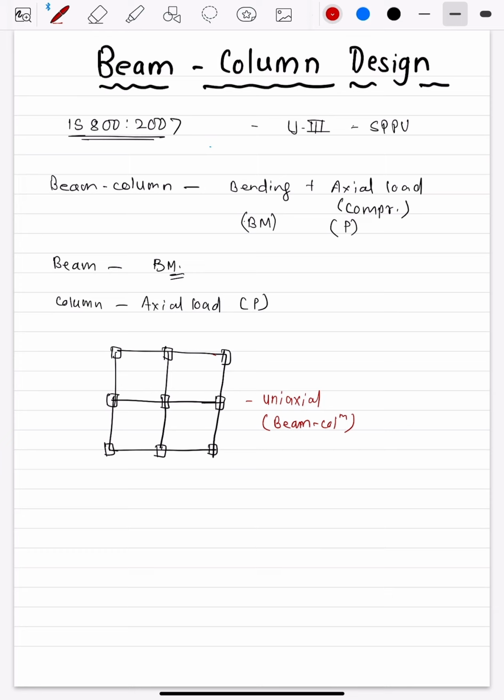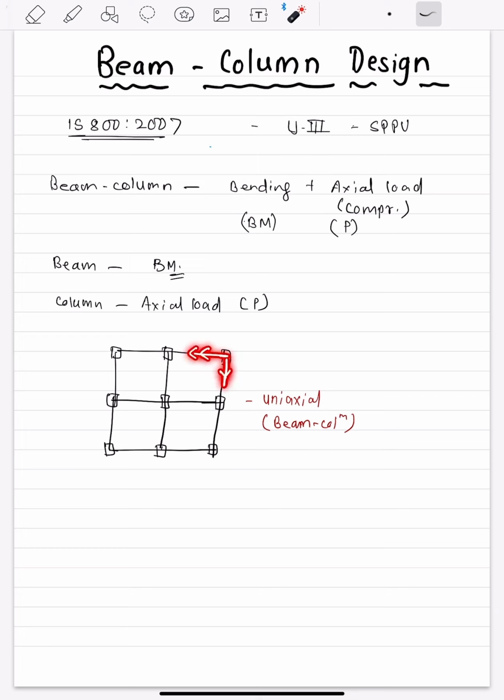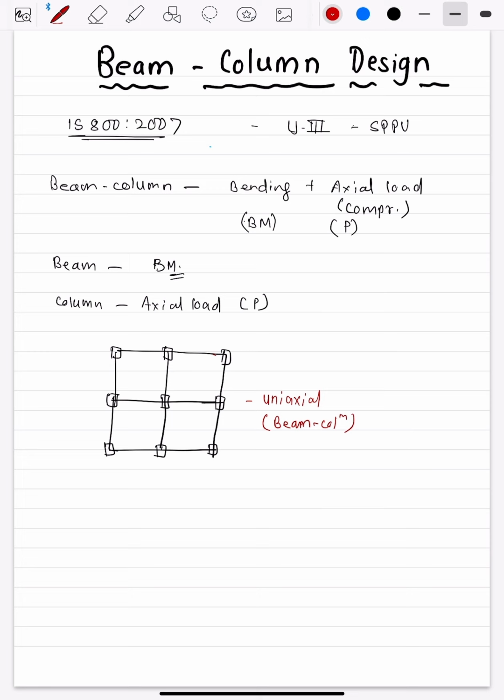And this corner column has bending moment on this side as well as this side, so this is biaxial. It has a biaxial moment, but this is also a beam column. Okay. So yes, my dear friends, this is the concept of beam column.